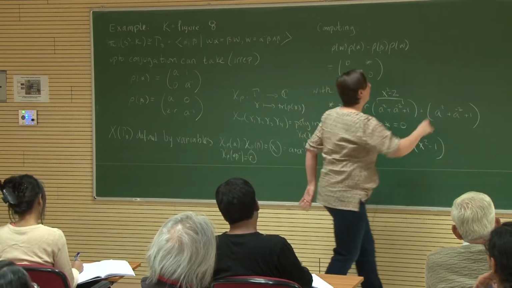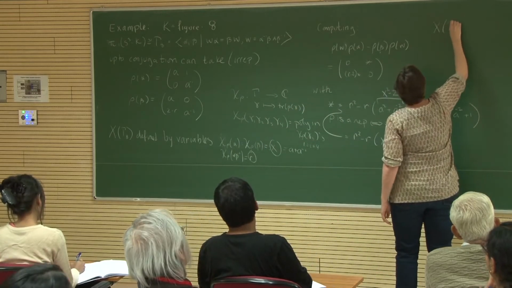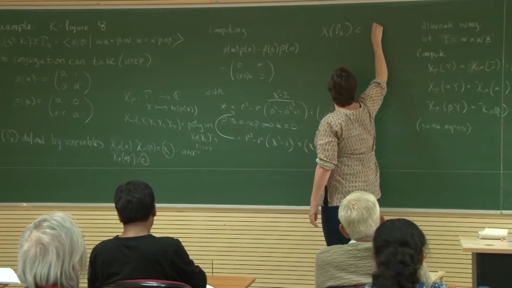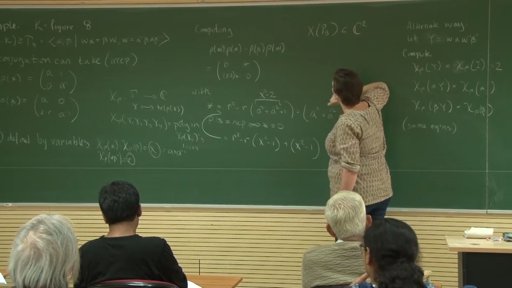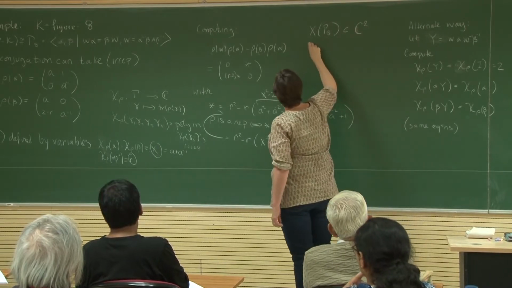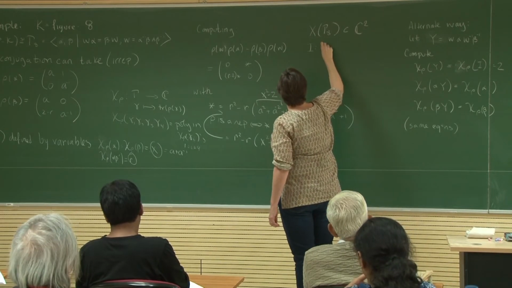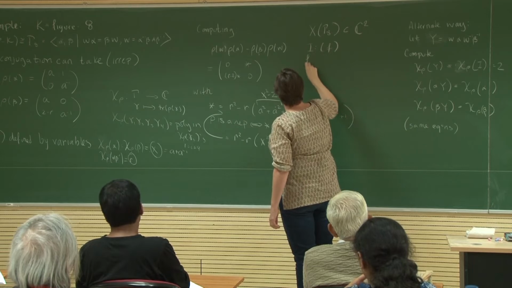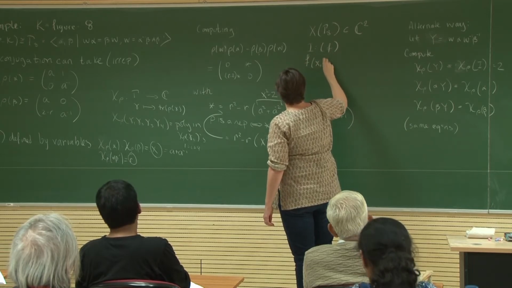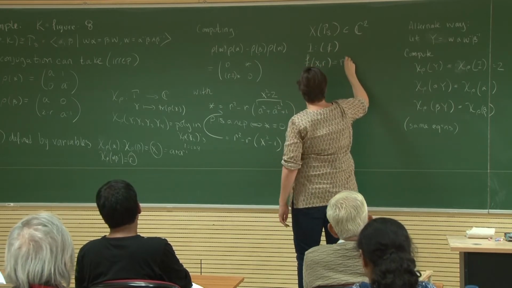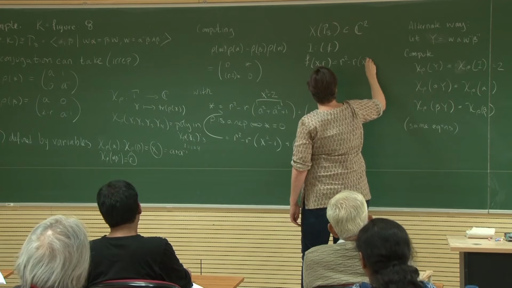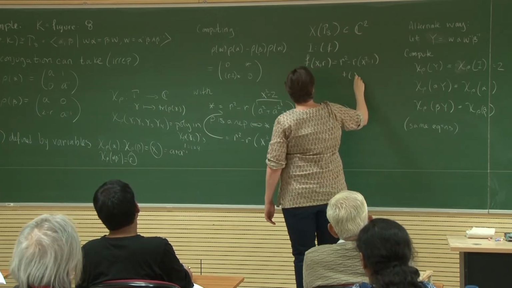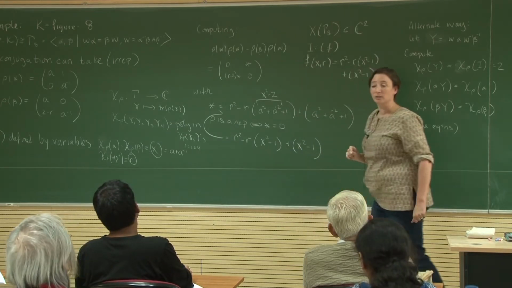So X gamma 8 sits in a subset of C2, and the ideal is given by the vanishing set of f. F of x, r is that equation.